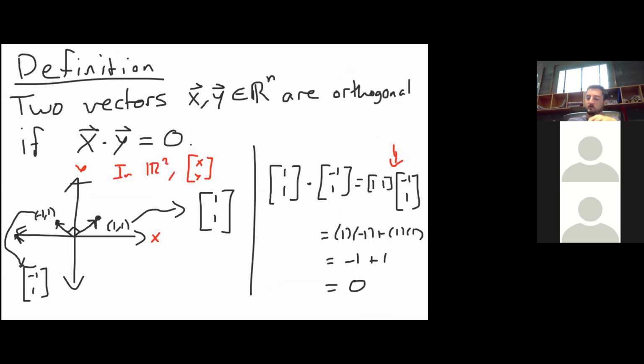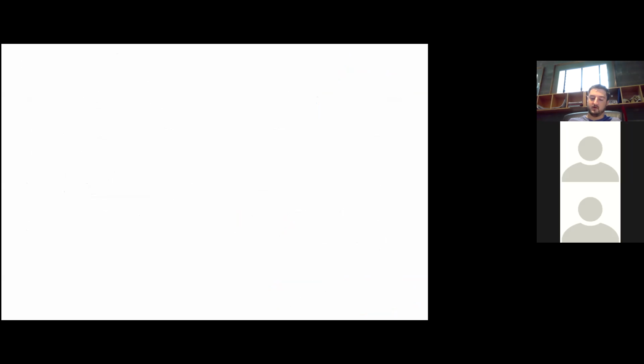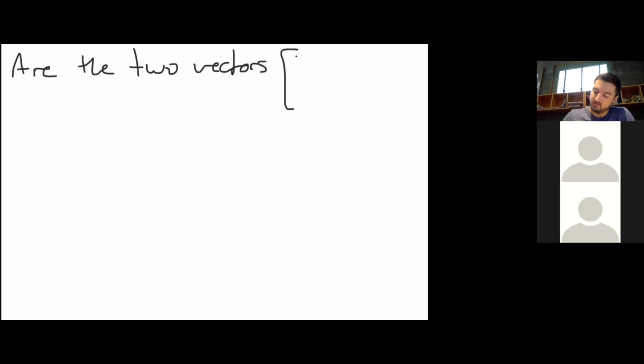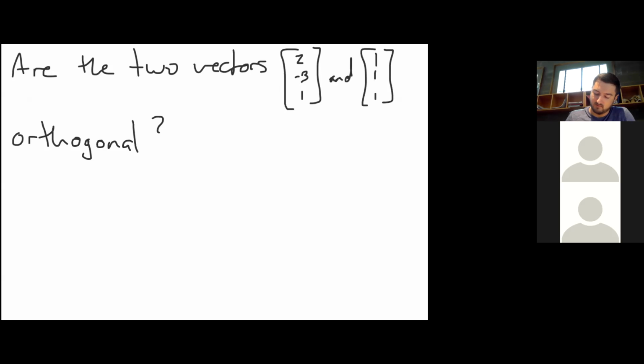All right. So do this example. It's not going to be in Poll Everywhere. I'm going to do that whole 3, 2, 1, go thing. I want you to just type your answer into the Zoom meeting chat. Don't hit enter until I say to. So just have it ready for me. Are the 2 vectors 2, -3, 1 and 1, 1, 1 orthogonal?